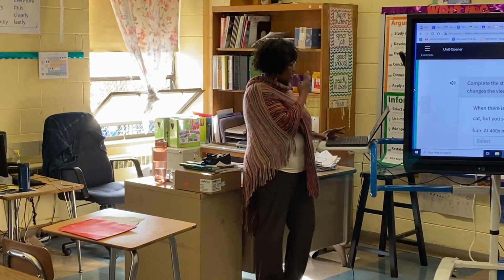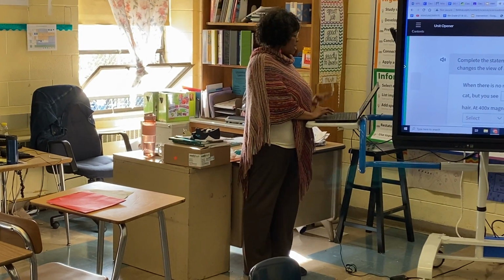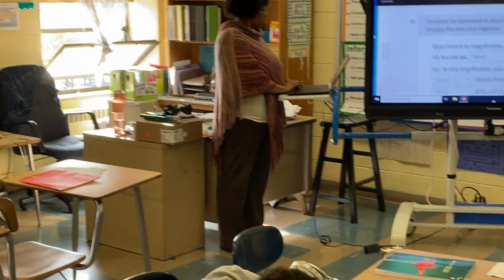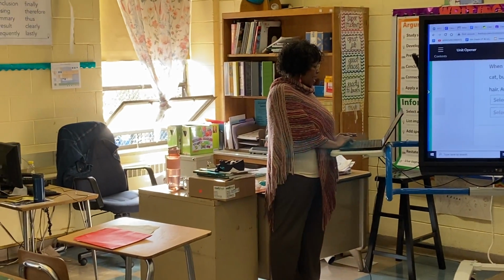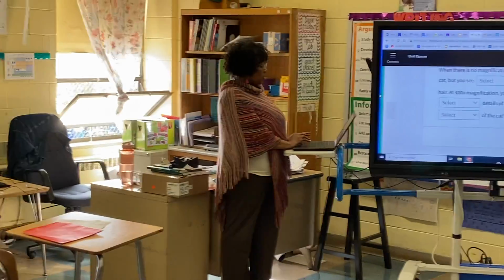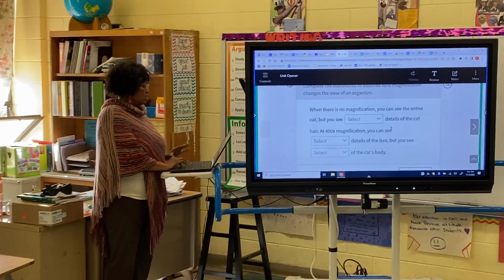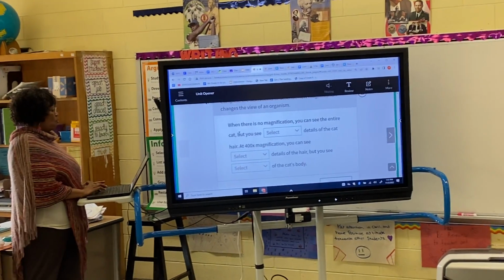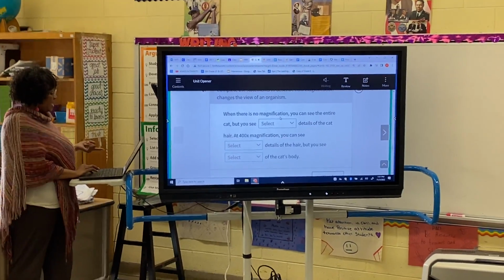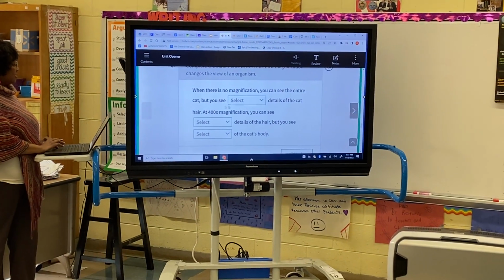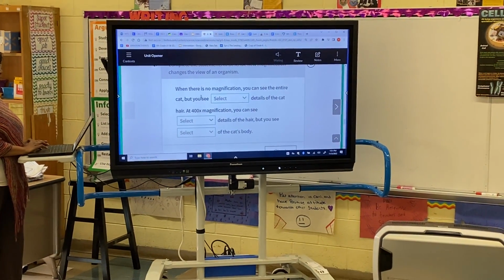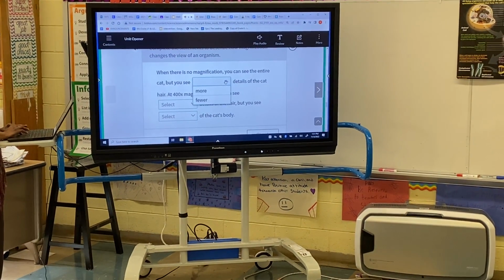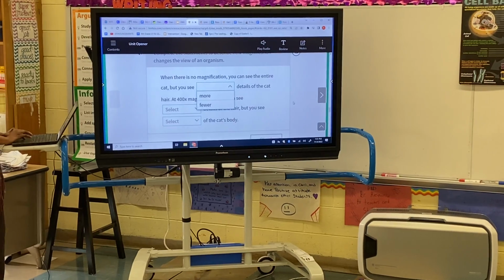All right. Complete the statements to describe how magnification changes the view of an organism. I'm going to have you guys answer this, and then we're going to do a check, so you were paying attention. Then we're going to prepare for dismissal. So when there is no magnification, you can see the entire cat, but you see, select more or fewer details of the cat.